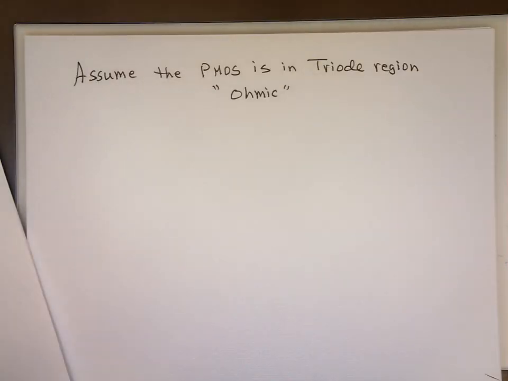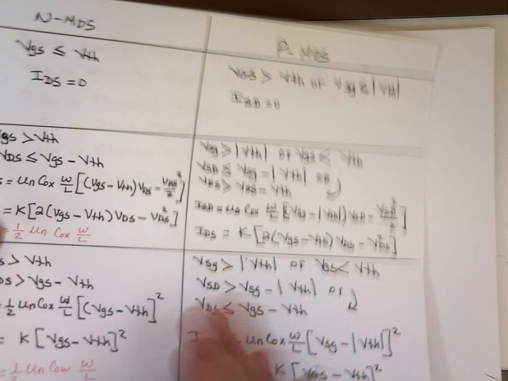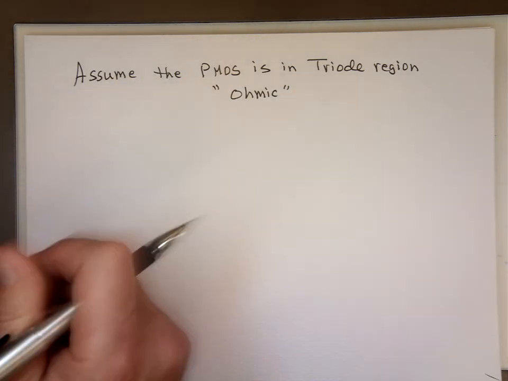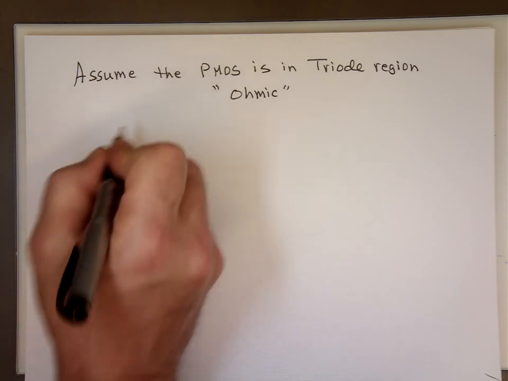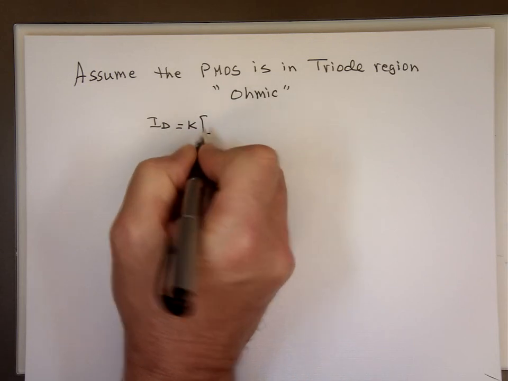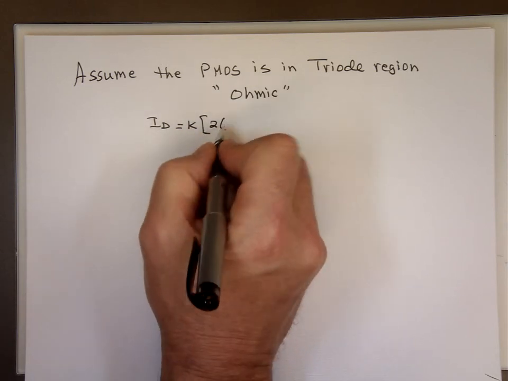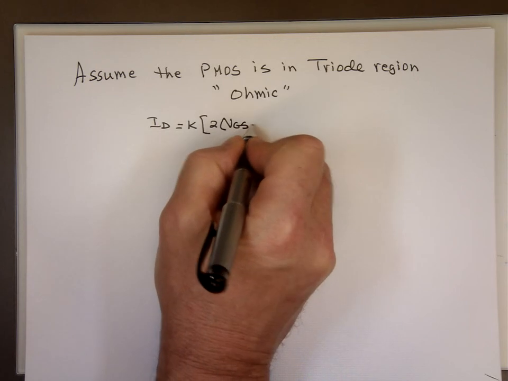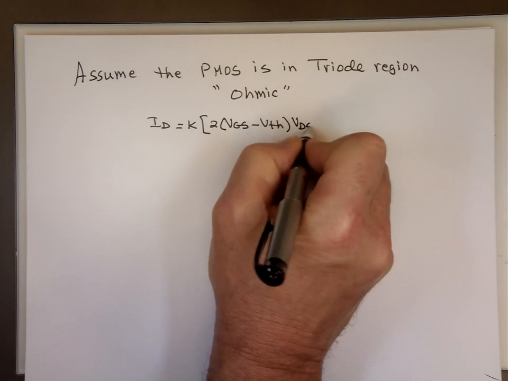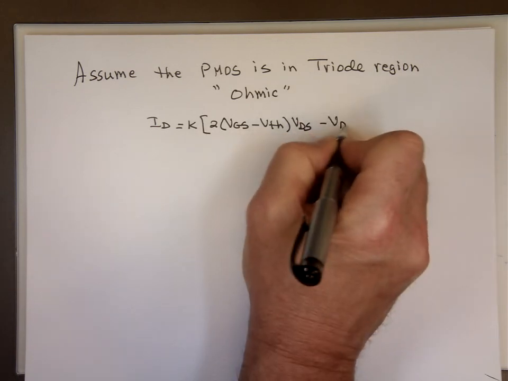So let's put that equation there. That's my notes from, I don't know, 2 or 3 videos ago. If I'm assuming I'm in the triode region, that means my current I sub D, let me write that equation down: K times 2 times VGS minus V threshold, times VDS, minus VDS squared.